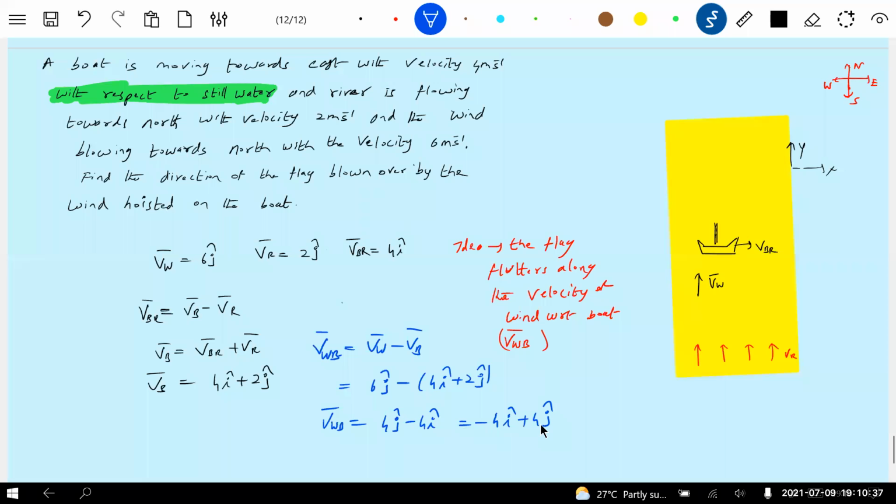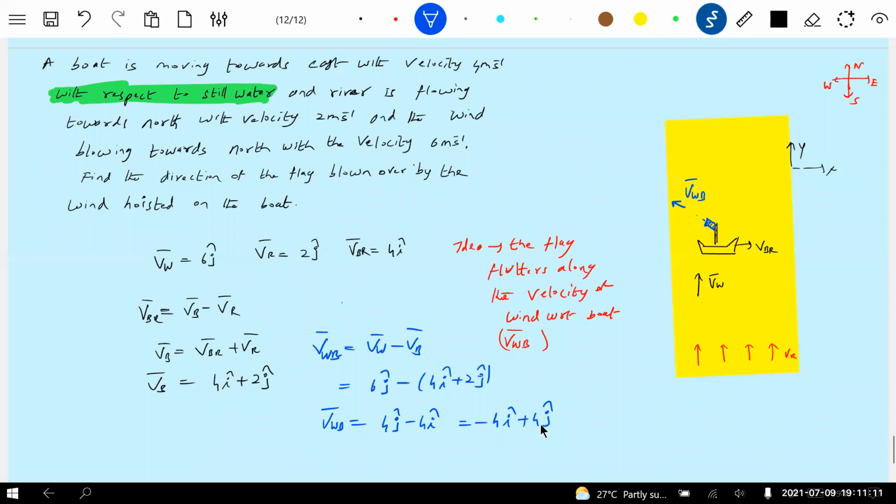So how will the flag flutter? Northeast, minus i cap plus j cap is there, no? The flag should flutter here. It is a little bit difficult to show, so I'll put the direction of flag here. The wind is blowing, so actually the velocity of wind with respect to boat will be like this.